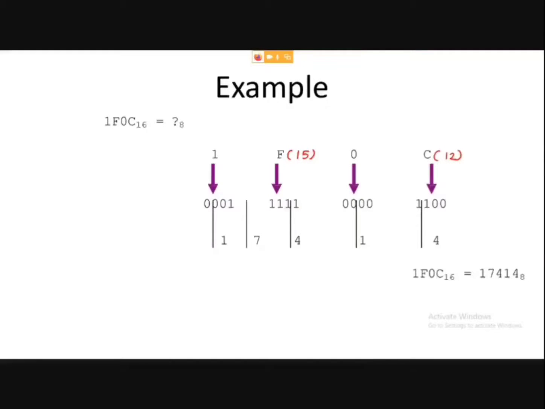Writing this into binary, 12 is 1100. That 0 can simply be written as 4 zeros. 15 can be written as 4 ones, and 1 can be written as 0001. And now we can group these into 3-bit patterns. This 100 becomes 4, this 001 becomes 1, this 100 becomes 4, this 111 becomes 7, and this 001 becomes 1.